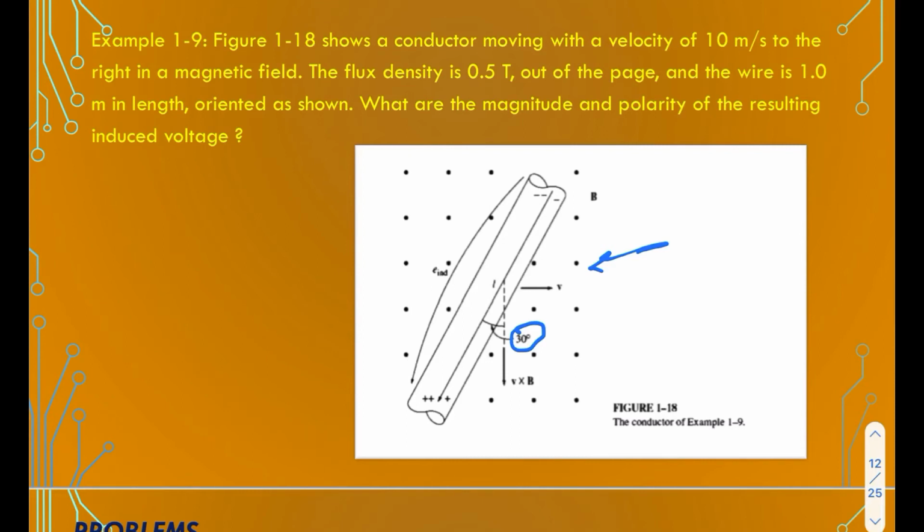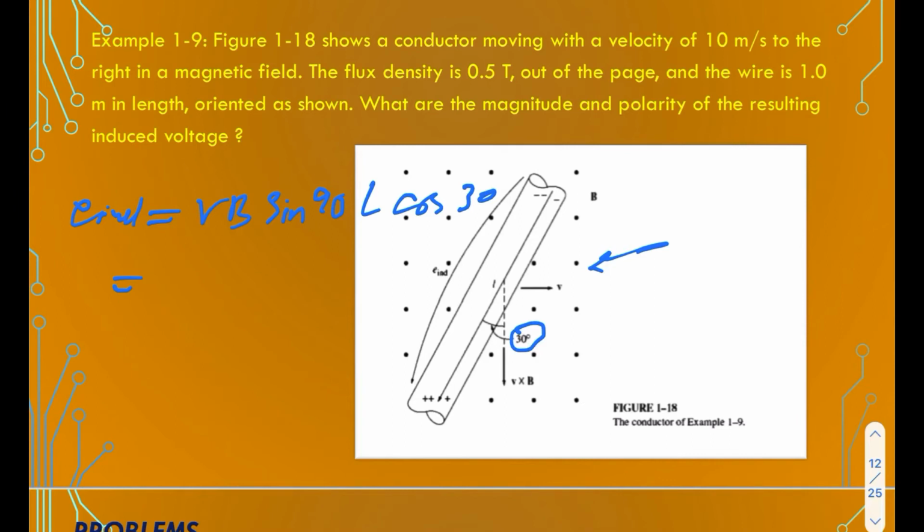We can apply directly the formula here. E induced is equal to what? vB sine 90 multiply by L cosine how much we have here now, 30, between the conductor and the vector vB.